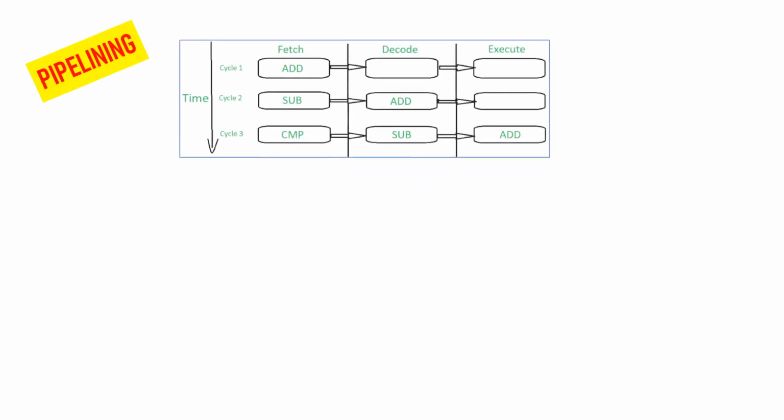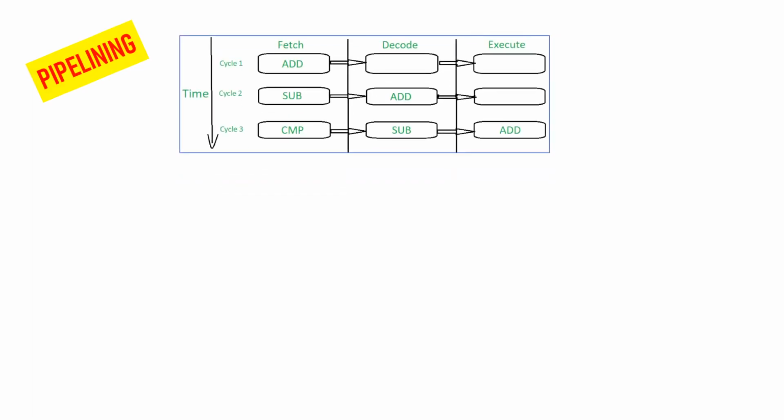Now, what is meant by pipeline? See here, in the first cycle, fetching of instruction is done, and in the second cycle, the fetched instructions are decoded and new instructions are being fetched. And in the third cycle, the decoded instructions are now executed, the fetched instructions are now getting decoded, and new instructions are being fetched.